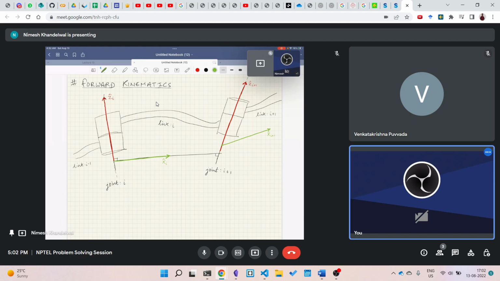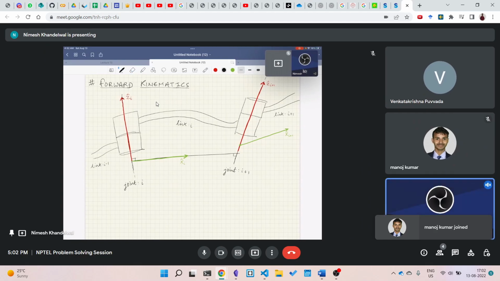Basically, you have learned how to get the transformation matrix from frame I to I plus 1, or equivalently, from frame I minus 1 to I. I will just derive it again now, to make it clear with the Craig convention, and explain with the help of screw displacements how it comes.